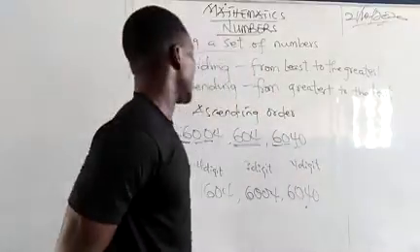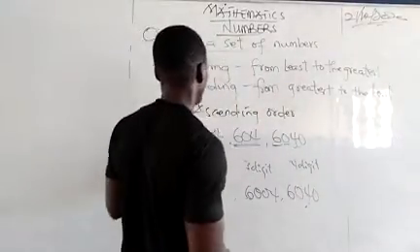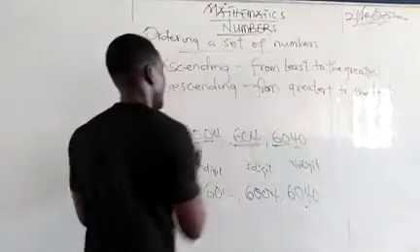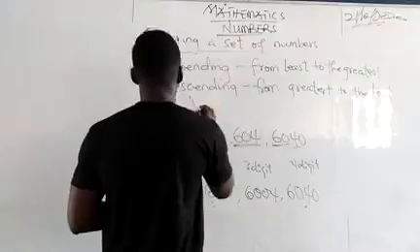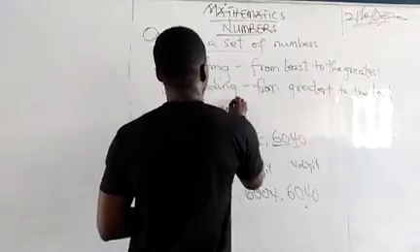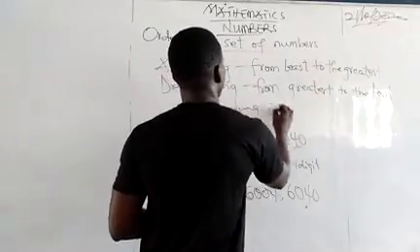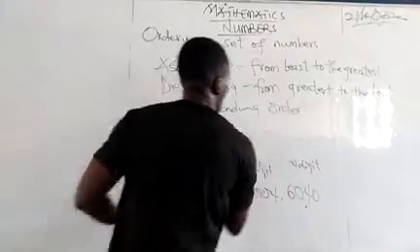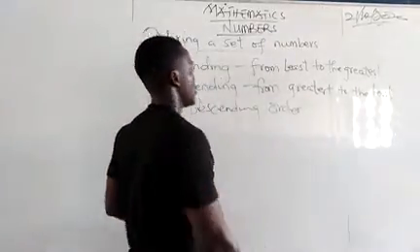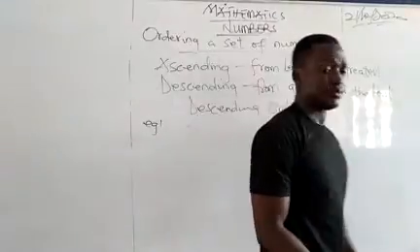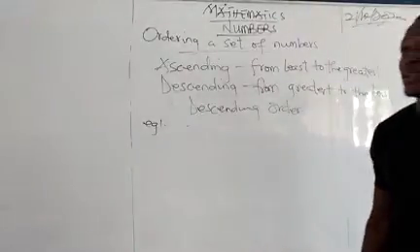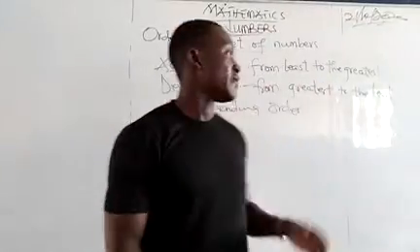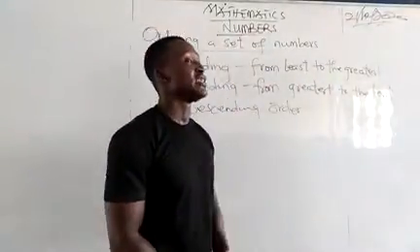Alright, let's look at some examples under descending order too. Descending order. We know the meaning from what we did: descending is from the greater to the least number.